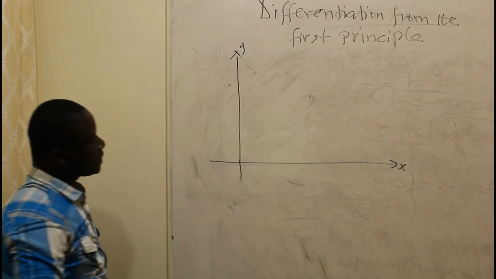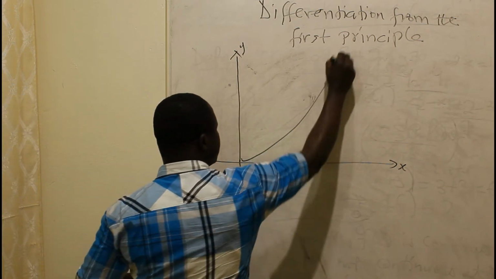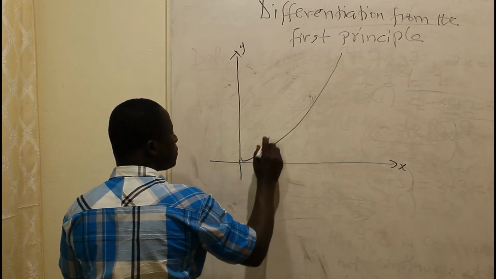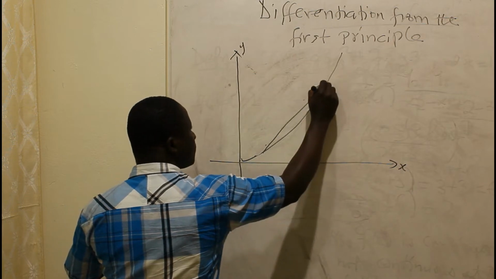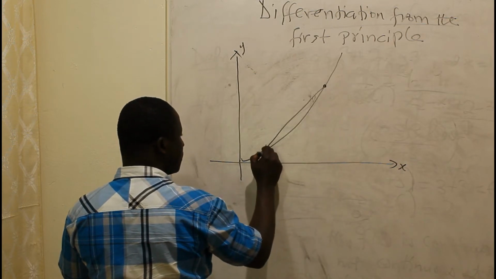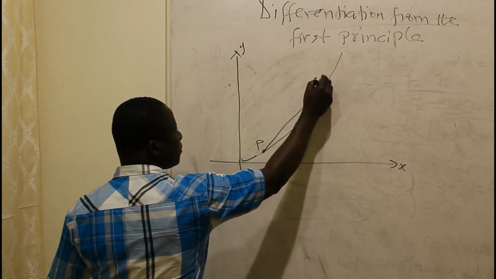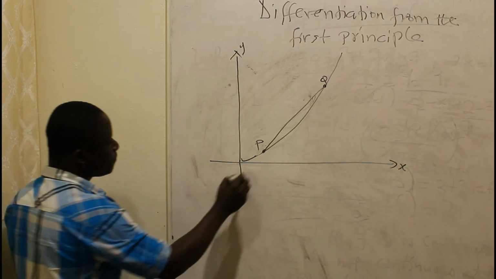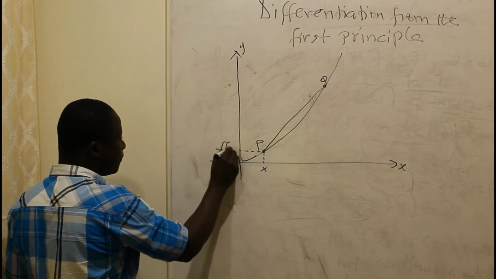So we have the Cartesian plane, and there is a function moving in the plane this way. If there is a chord PQ, then we try to find the value here, x. Then the functional value will be f of x.